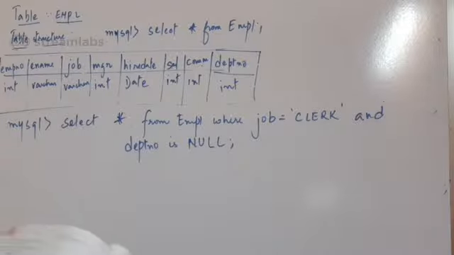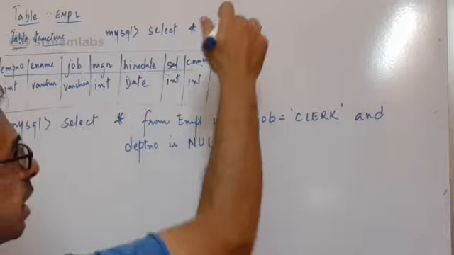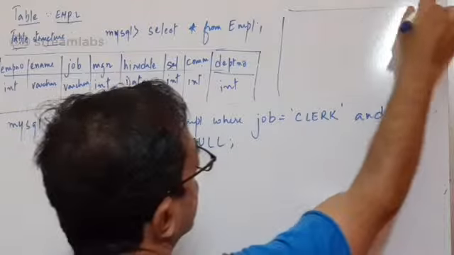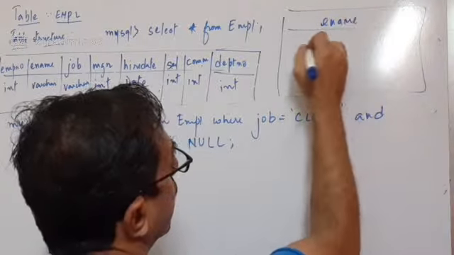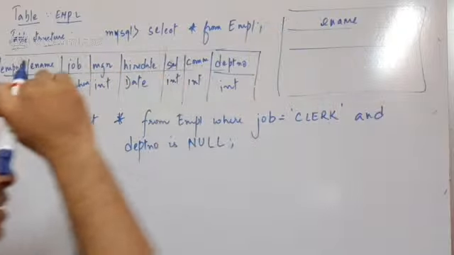Now coming to the next one: list the details of those employees who have 4 lettered names. Let me elaborate this. Suppose this is the ename column.